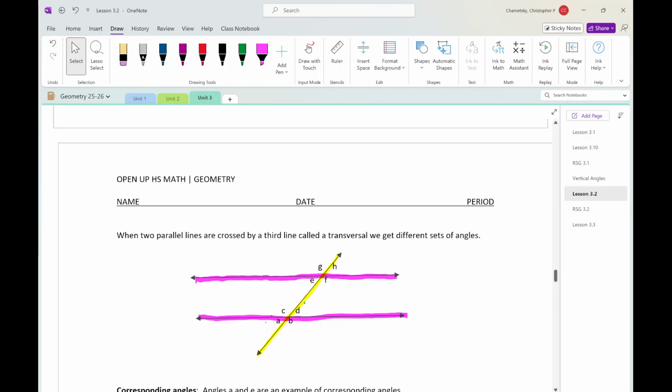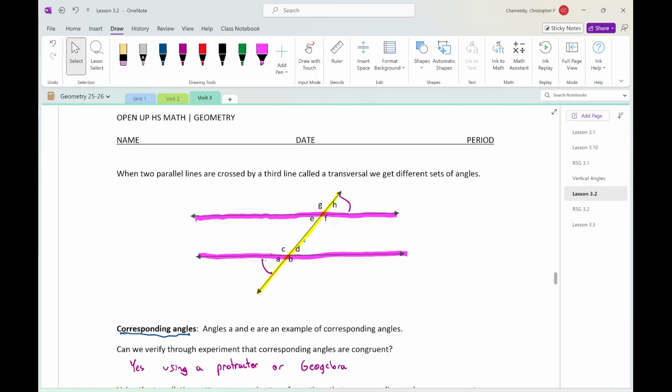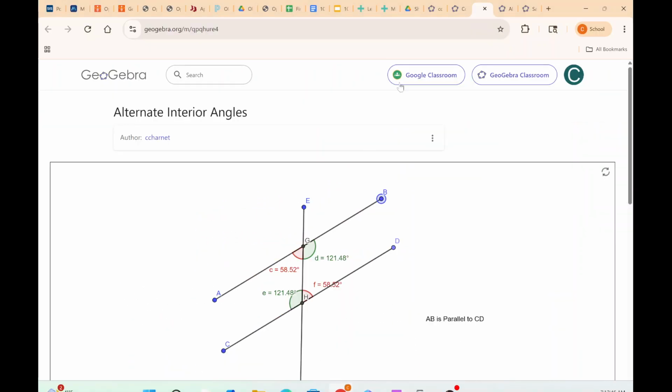So angles A and H would be alternate exterior, alternate meaning alternate sides of the transversal, and exterior meaning they're on the outside of our lines here. So we can verify this by experimentation.